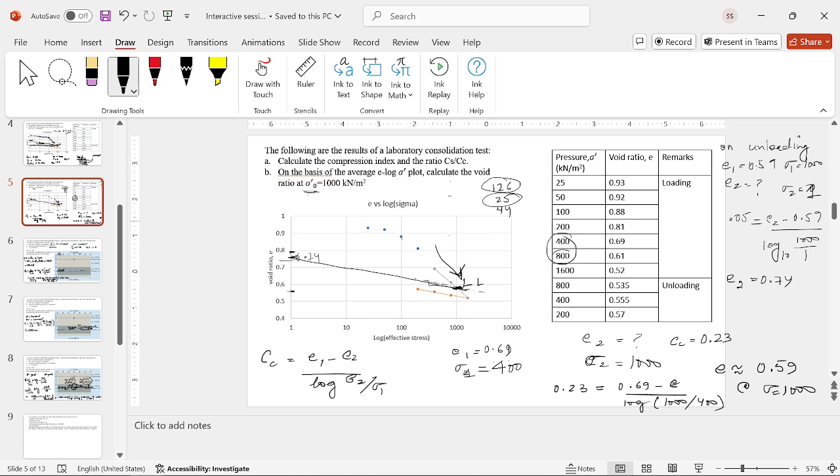This soil was totally over consolidated throughout the stress range. And the third case was that half of it was over consolidated, half of it was normally consolidated. So it is greater than the over consolidated case, but lesser than the purely normally consolidated case, and that makes sense.